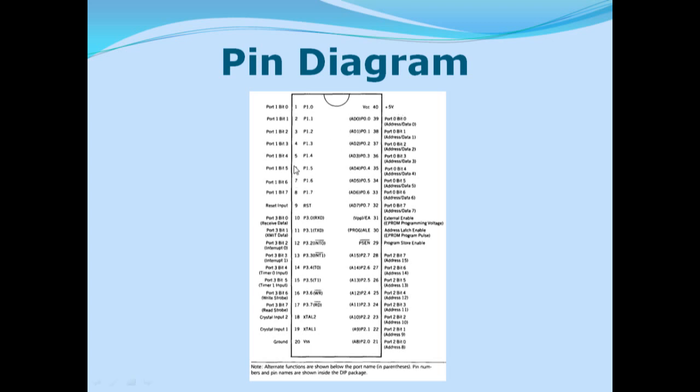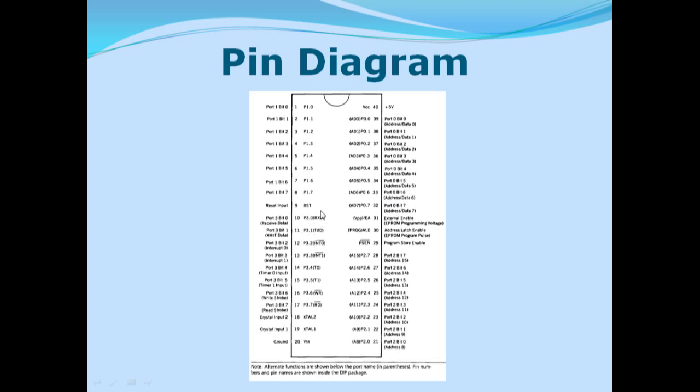On the left side, you can see there are two ports, port 1 and port 3. Port 1 is a pure IO port. It does not have any special functions, whereas in port 3, we have a special function for each pin as we already discussed. The first pin, P3.0, is the RxD pin and P3.1 is the TxD pin.